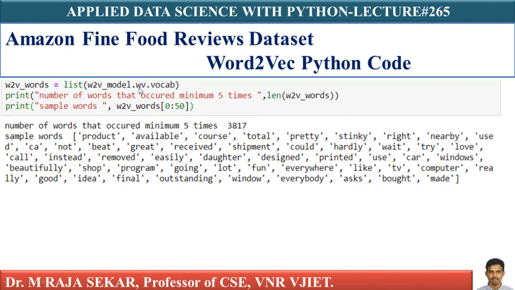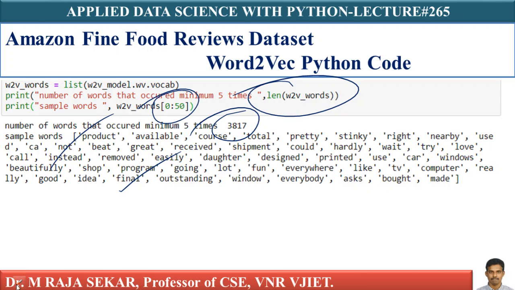Just see what it says again: the Word2vec model contains the number of words that occurred a minimum of 5 times. The length of Word2vec_words is 3817. The sample words I am displaying, by slicing, are from that particular reviews dataset.